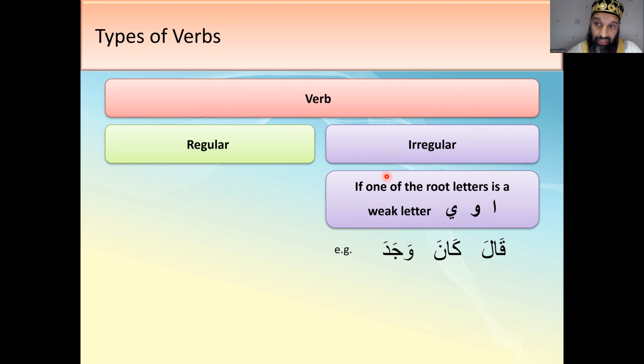You can tell if any one of the root letters is either an alif, a waw, or a ya. So here we see wajada has a waw there. Kana has an alif in the root word, and qala has an alif in the root word.